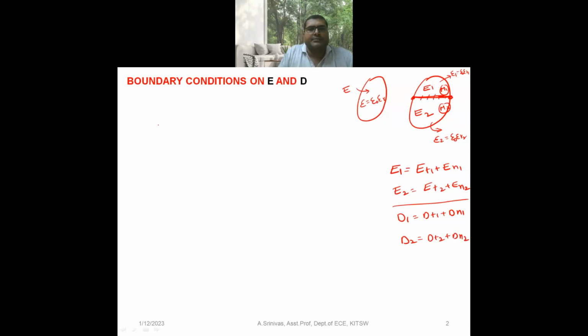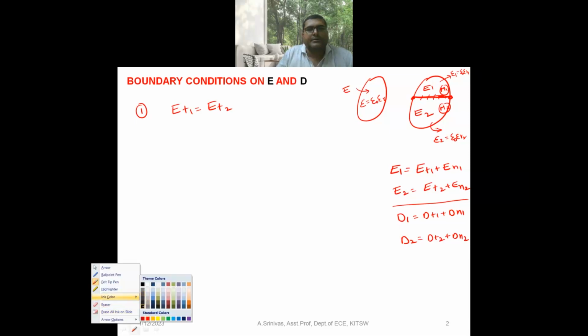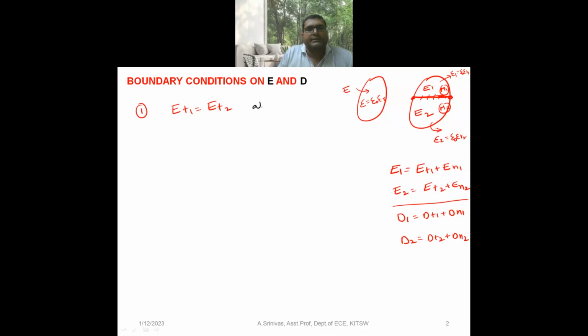Now the boundary condition 1 is ET1 is equal to ET2 at any boundary.